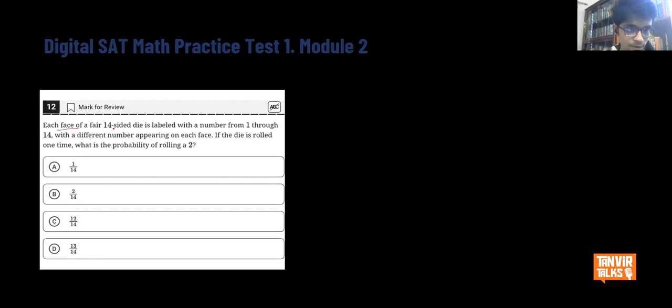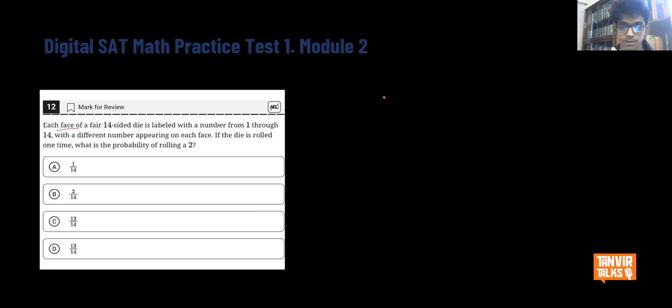Each face of a fair 14-sided die is labeled with numbers 1 through 14. আচ্ছা, there is a die which has 14 sides, right? And it is numbered from 1 to 14, with a different number appearing on each side.